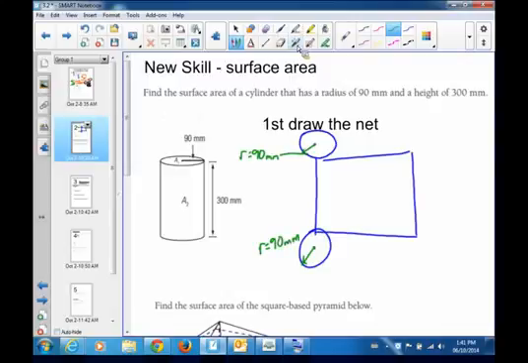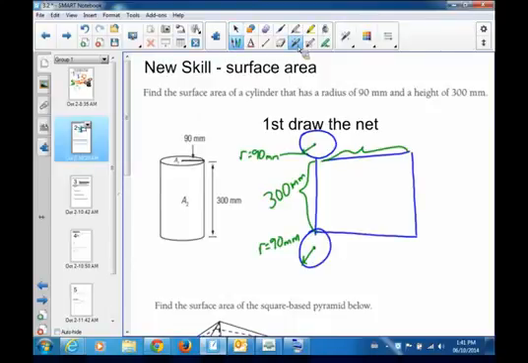Now, we have the height, 300 millimeters. What we don't have is the length of the wrapper here. That, you have to figure out.